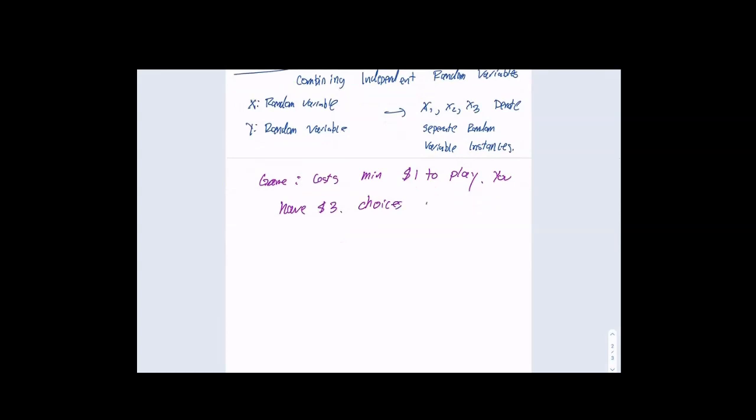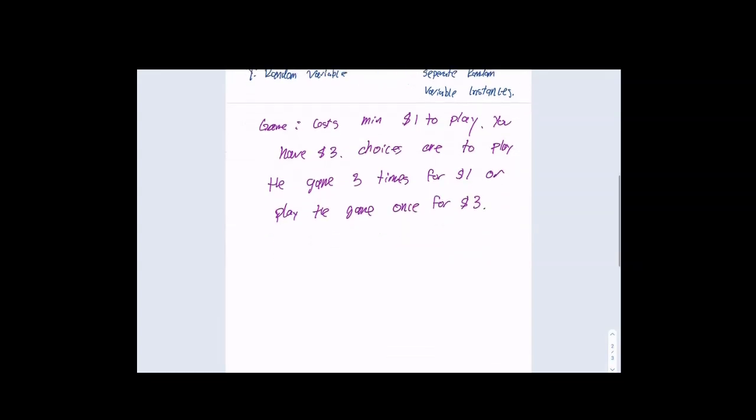Your choices are to play the game 3 times for $1, or play the game once for $3. And the concept here that I'm trying to teach you is this basic idea right here. You can play the game 3 separate times.